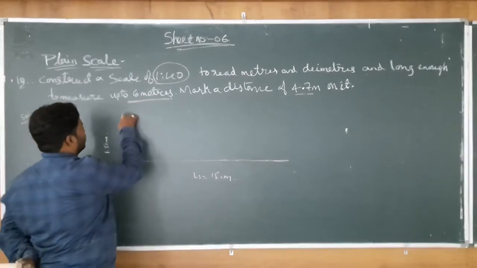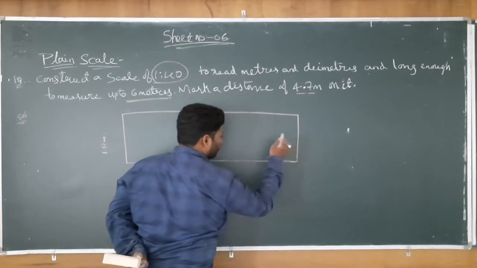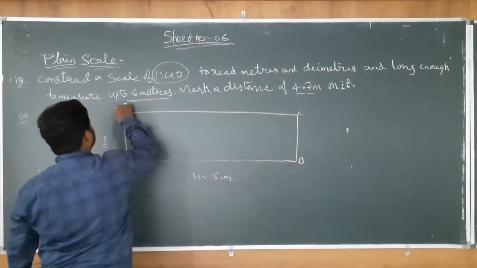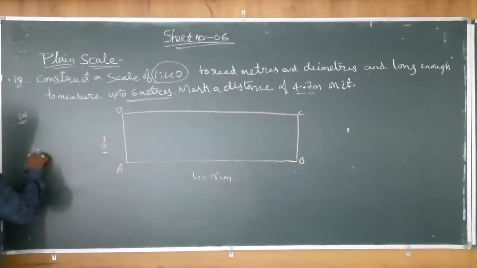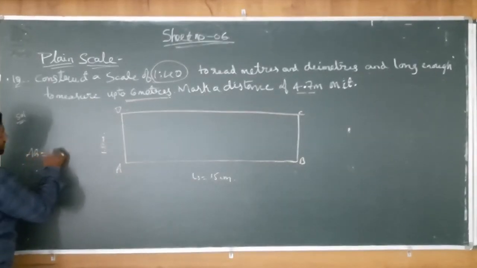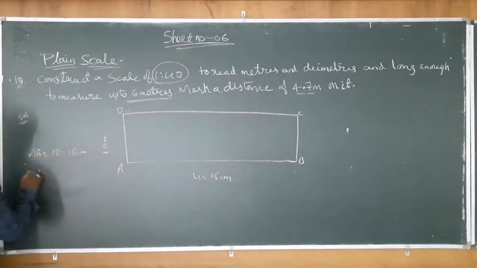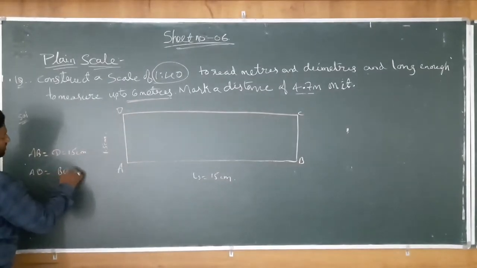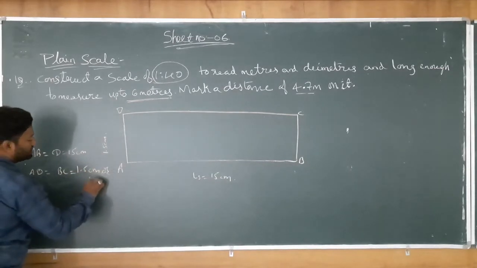So, we have to draw a rectangle like this. Here I am assuming the rectangle ABCD in which AB is equal to CD is equal to 15 centimeters and AD is equal to BC is equal to 1.5 centimeters, or you can take it as 1 centimeter also.